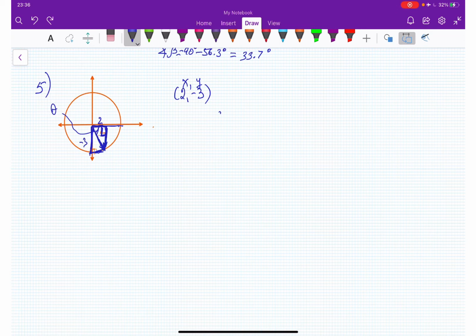So, first of all, we need to find the hypotenuse r. Hypotenuse r, because this is our radius, r squared is equal to 2 squared plus negative 3 squared. Okay? And we have 4 plus 9 is equal 13. So hypotenuse r is going to be equal to square root of 13.